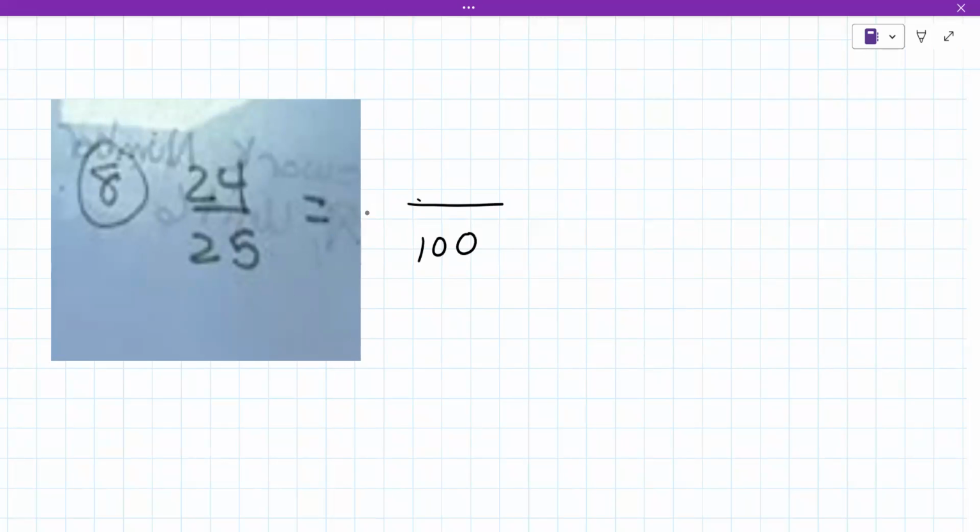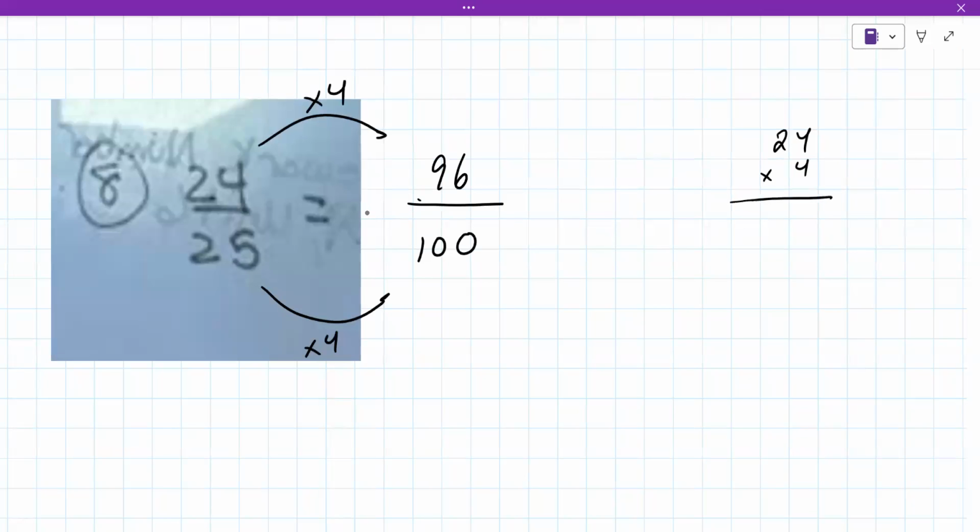Well, you're multiplying by 4. You're multiplying 25 by 4 to get to 100. Oh, so it would be... This is where you may have to come off to the side. Would it be 96? There's 96, which is 0.96 as a decimal.